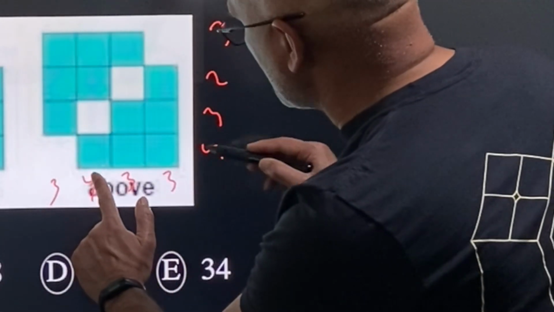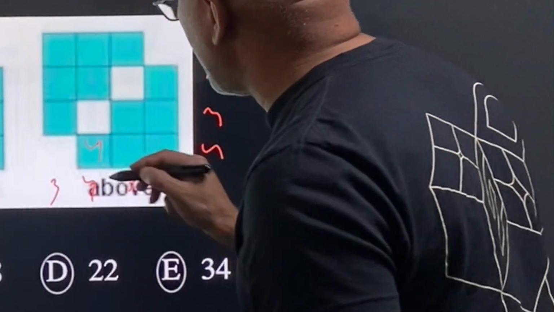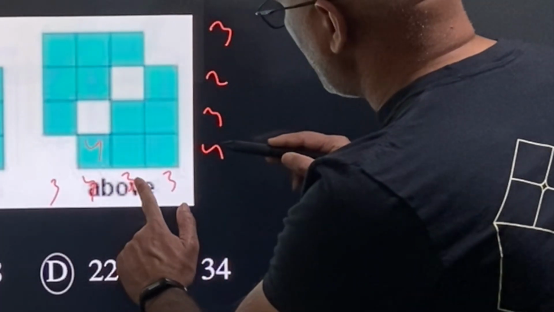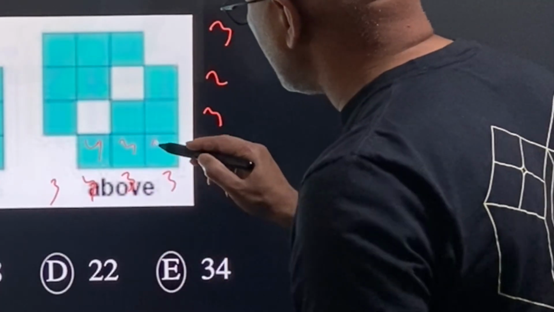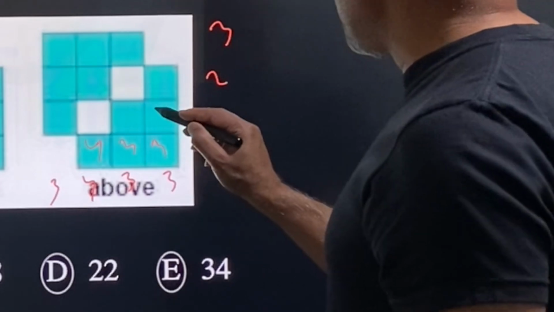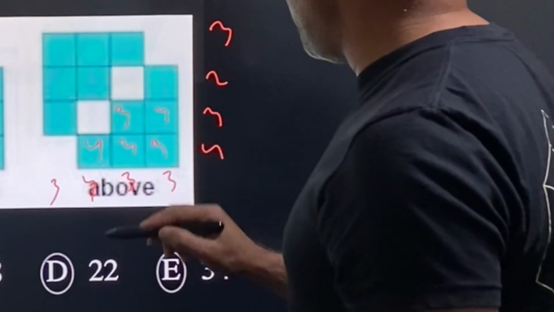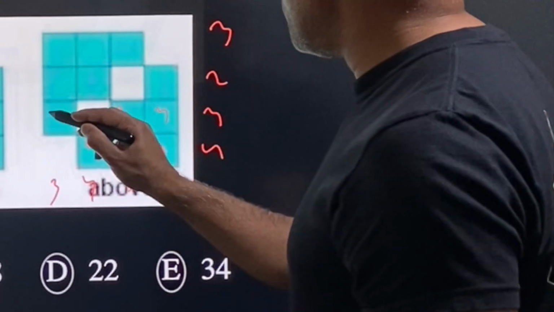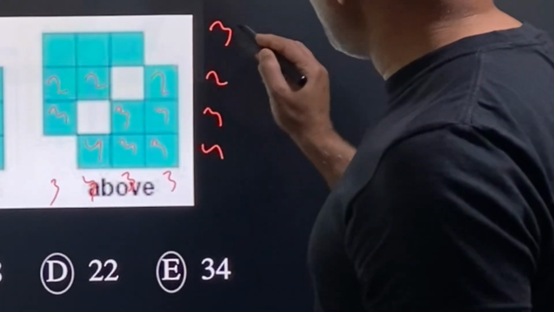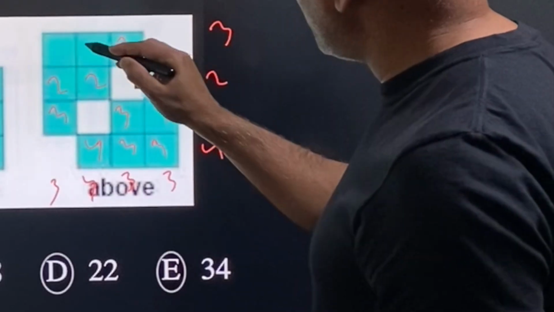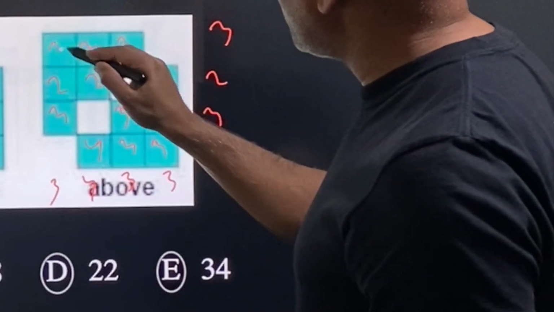This is 4, minimum is 4, so I write that down here. 4, and this is 3, so this will be 3. 4 and 3, 3. Similarly here, this will be 3, 3, there is nothing here, this will be 3. So this will be 2, 2, 2. This will be 3, 3, and 3.